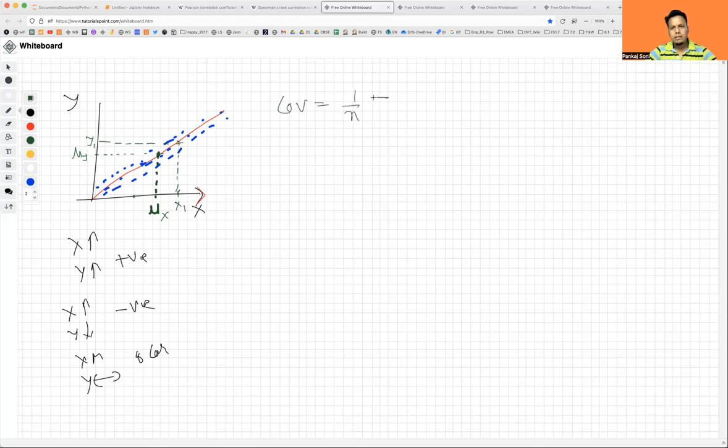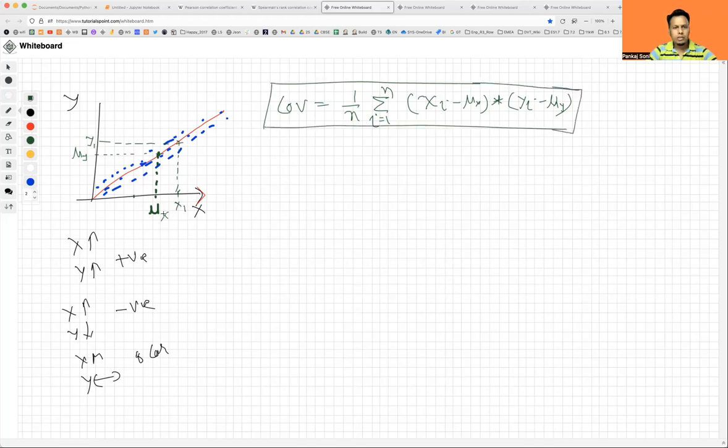So we saw how to calculate covariance: the sum from i equal to 1 to n of (xi minus mu of x) multiplied by (yi minus mu of y), divided by n. This was the formula. How does it work? If you put in xi minus mu x, that is x1 minus mu x, it is going to be positive because x1 is greater than mu x.